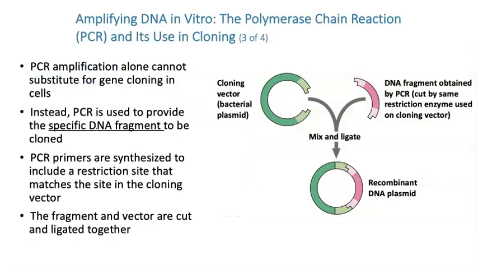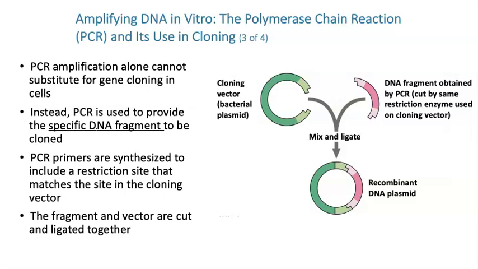But then of course, after you do your PCR amplification, you still might need to make a gene product. You would still have to put that fragment back into a cloning vector. You'd have to mix them together, you'd have to use DNA ligase to join them, right?